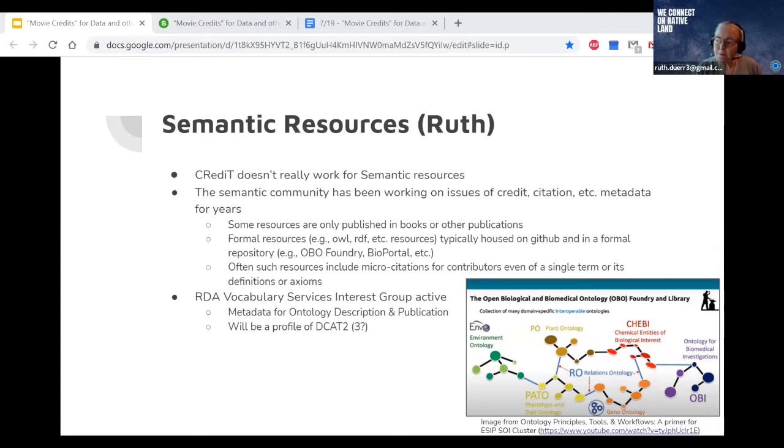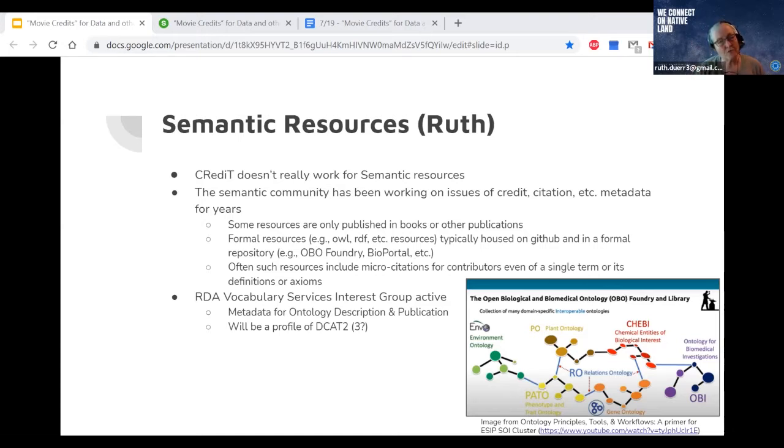And those are typically housed on some sort of code repository like GitHub, but then also placed in a formal semantic resource repository, such as the OBO Foundry, BioPortal, and there's a bunch of them.